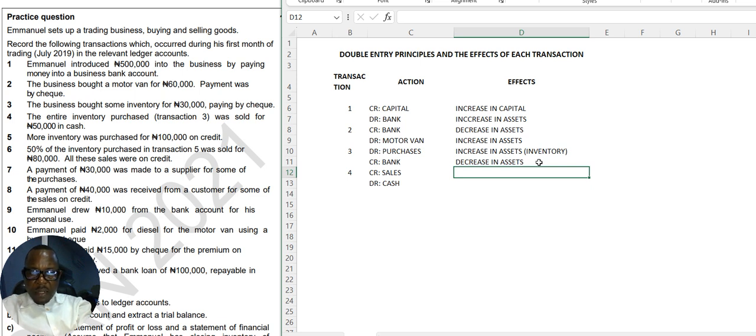There is a decrease in assets and an increase in assets also, which is cash.